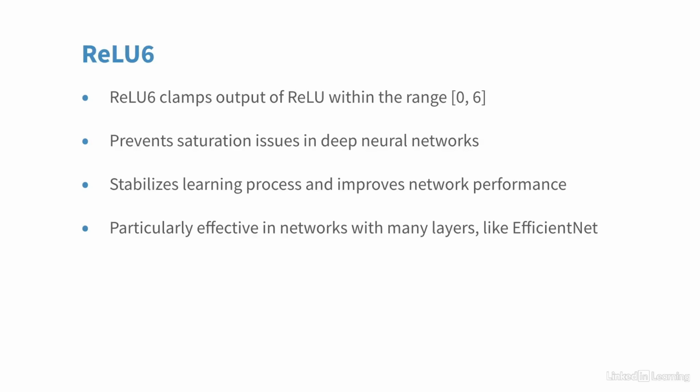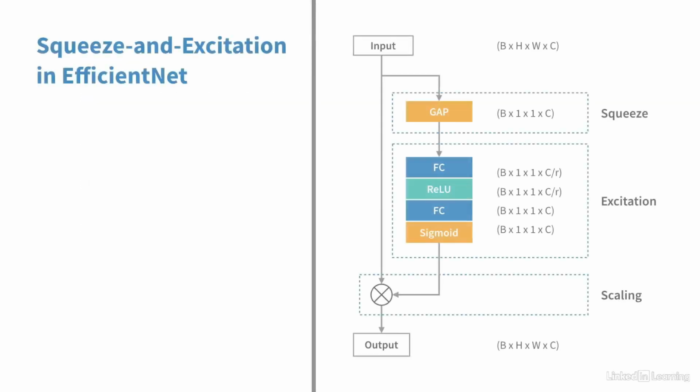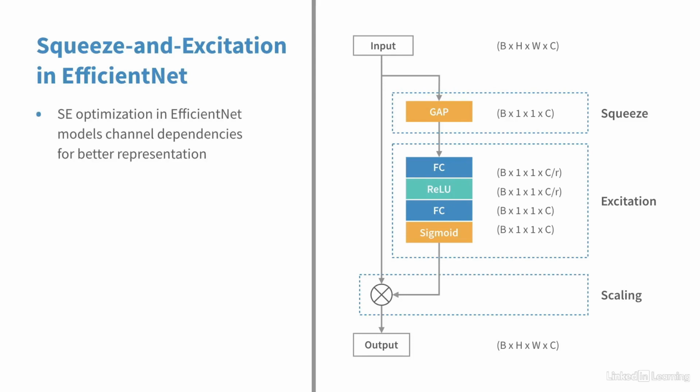EfficientNet uses the squeeze and excitation optimization technique to model channel dependencies and increase the representational power of the network. The squeeze and excitation optimization method uses a set of global pooling layers to learn interdependencies between the channels in the feature maps.